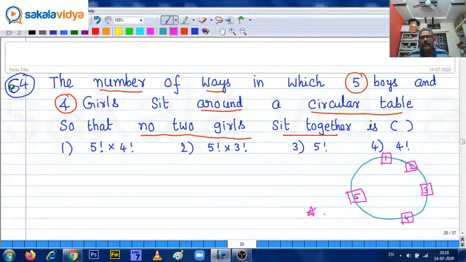So this can be 5 minus 1 factorial, which we know is 4 factorial. Now how many places are there? 1, 2, 3, 4, 5. 5 places. These 5 blank places are to be filled with 4 girls. That can be done in 5p4 ways. 4 factorial into 5p4 is the answer. So let us write it now.